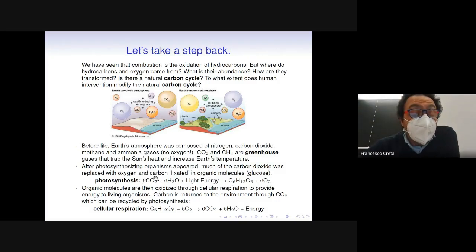So essentially, the photosynthesis, which happens in plants, will take the CO2 from the air, some water, some energy, and will fixate, you see here, this carbon atom into glucose with the expulsion of oxygen. So that's the magic of photosynthesis.